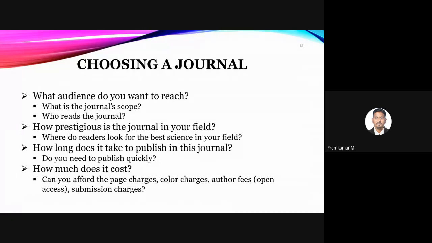Even some of the open access journals are available free of cost, but the review time and everything will be more than a year, or sometimes it will go 2 to 3 years. Even if it is accepted, it will take more time for publication, because since everything is running free of cost, they will take much time to keep your paper online.